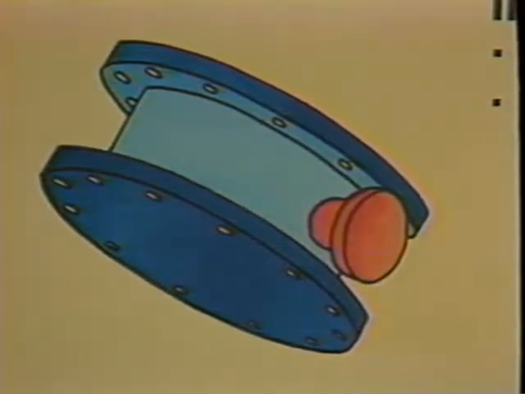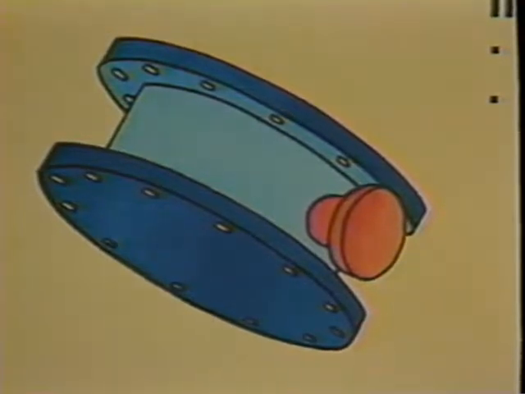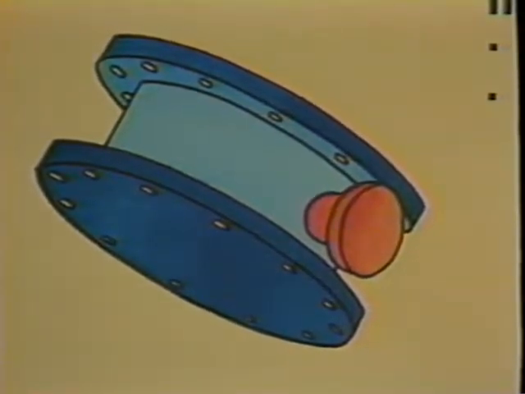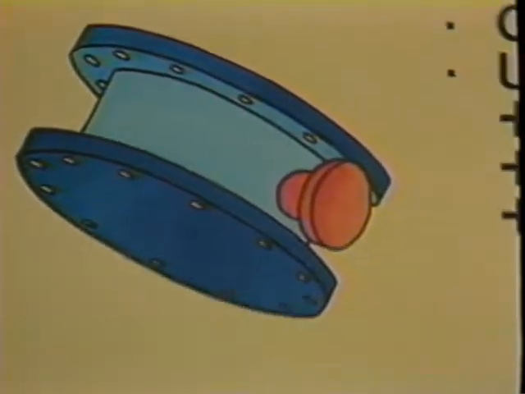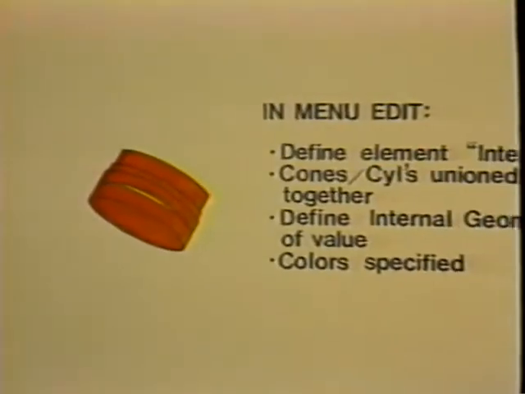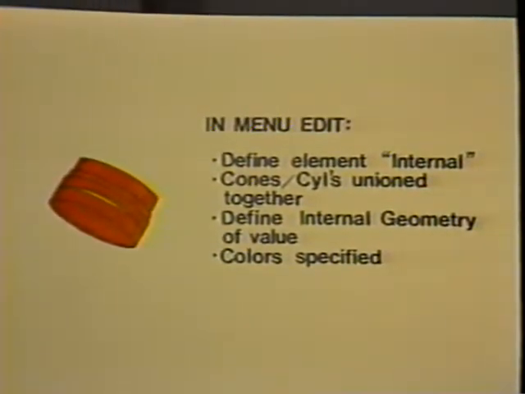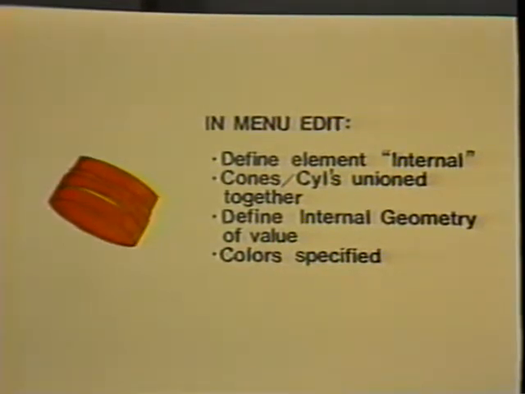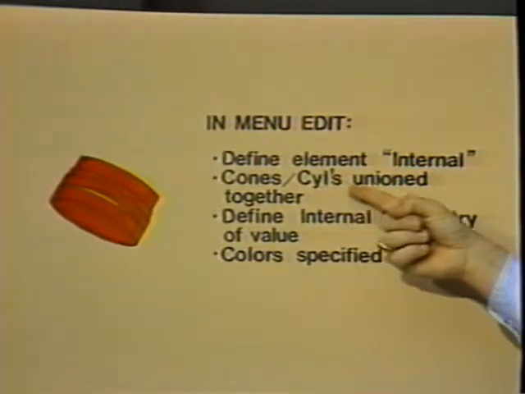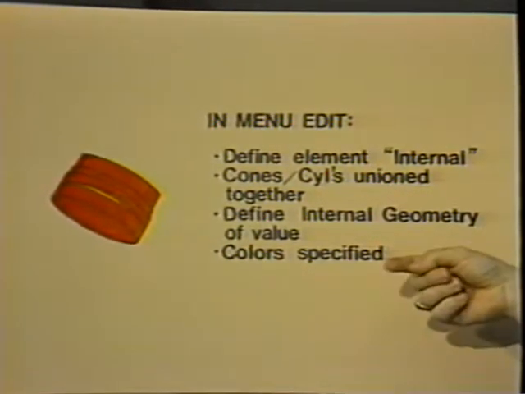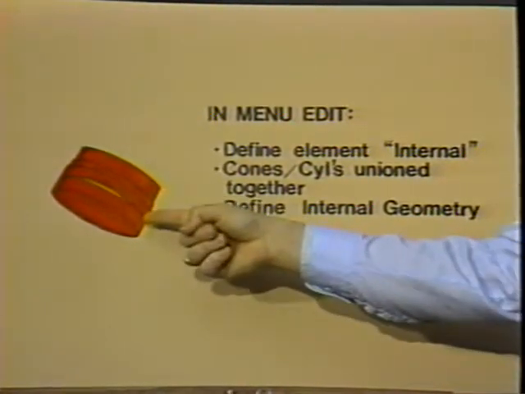Now it's beginning to look like a valve, but now we have the problem of defining the internal geometry and surfaces of the valve. So we define an object, which in this case is called an internal element, and I'm simply using the English language word internal to describe an object I've constructed from the unioning together of cones and cylinders to conform to the internal geometry of the finished valve.